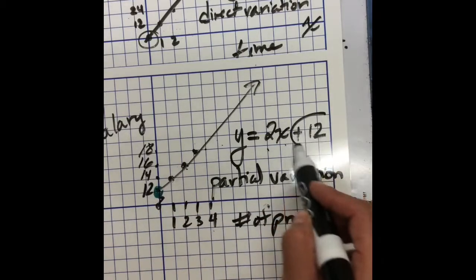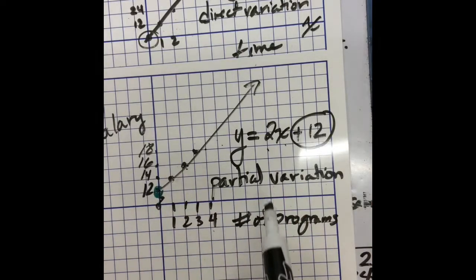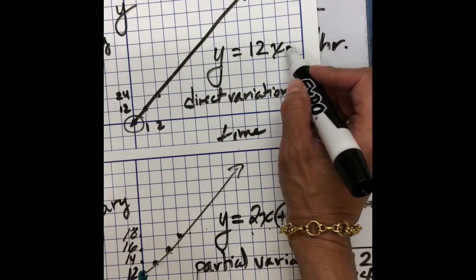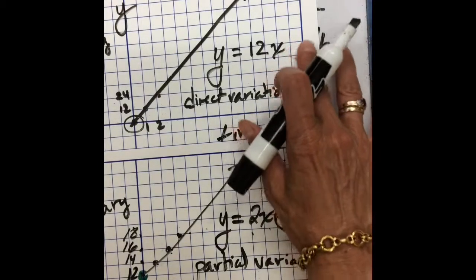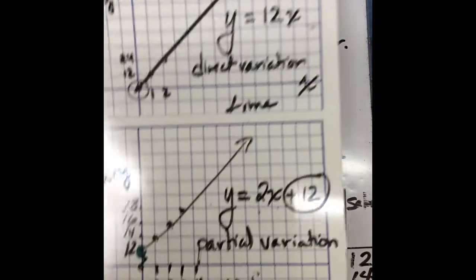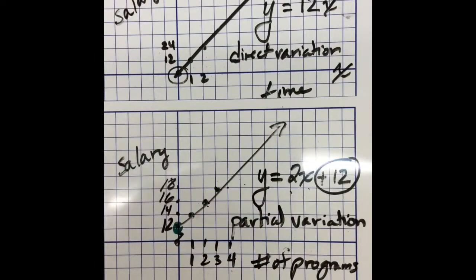So we have this extra little number here. This number here is 0. We don't put it. We don't need to put plus 0, but that's what it is. So I'm not going to put it because I really don't need to do that. And that's the difference between direct and partial variation.